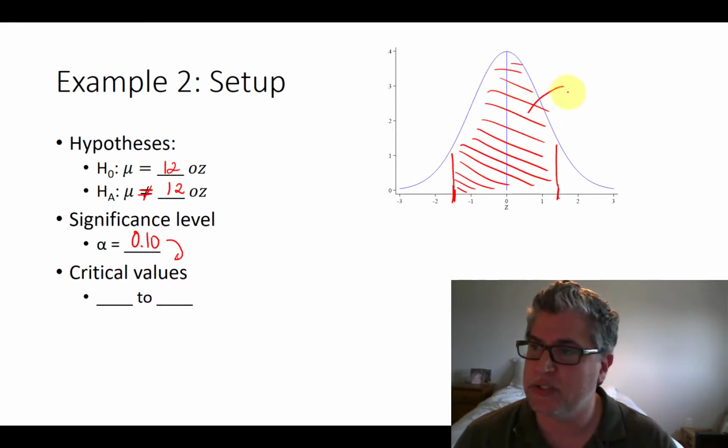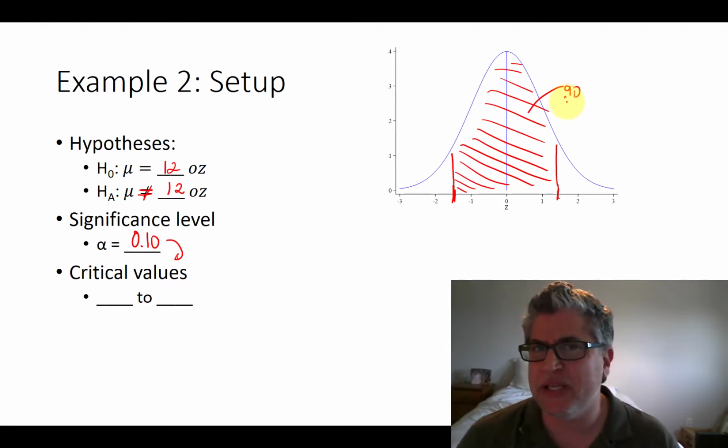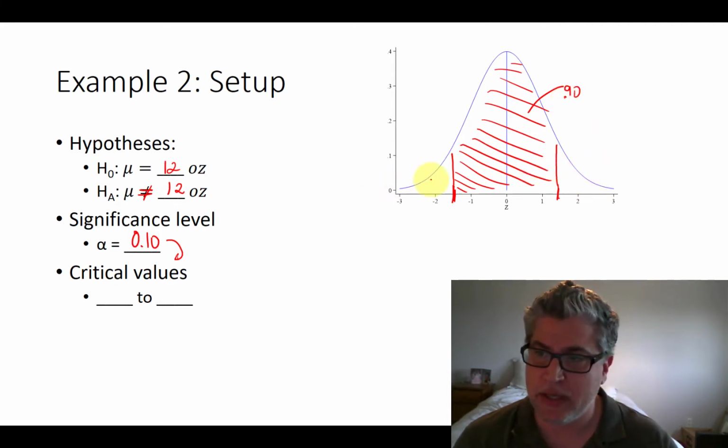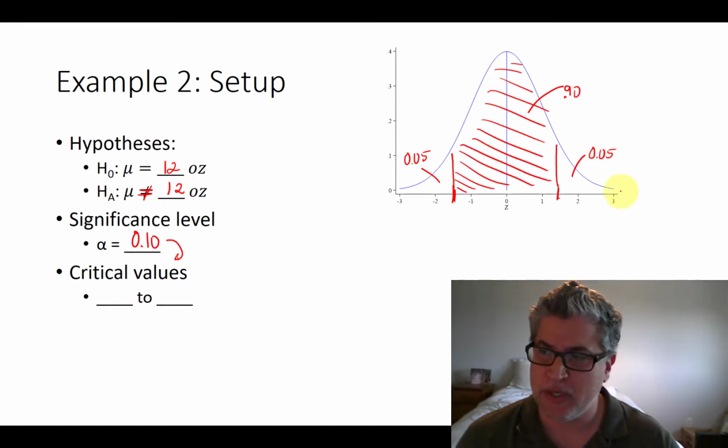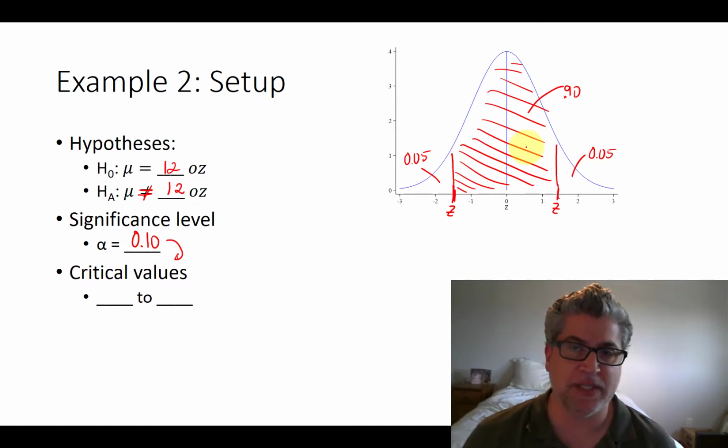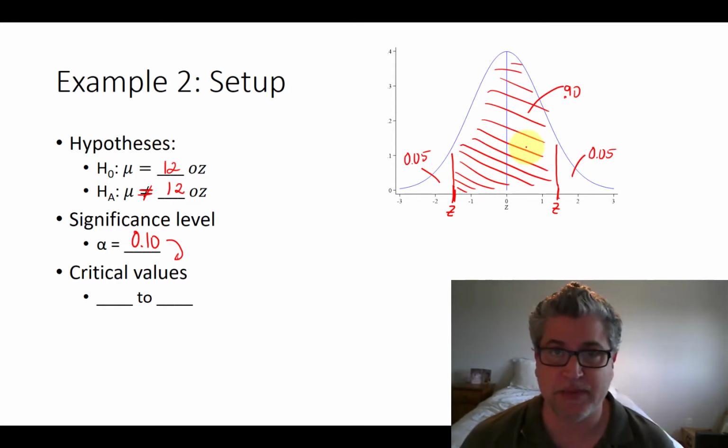All right, so this is 90%, which means that 10% is unaccounted for and left over. And we can split up that 10% into the left tail and the right tail. And so we should have 5% here and 5% there. So we need to figure out what value of z is here and here that corresponds to these probabilities.